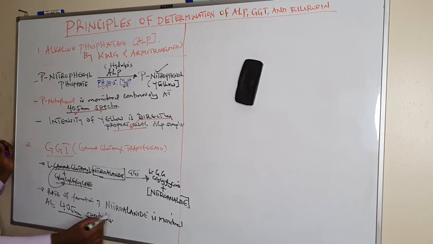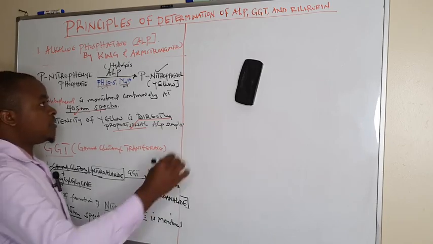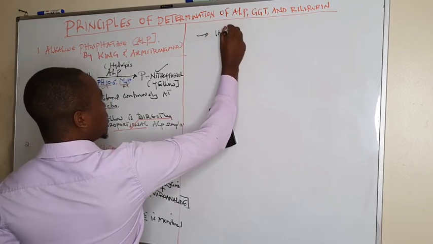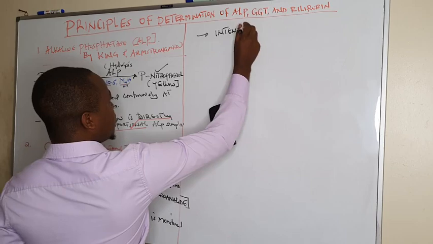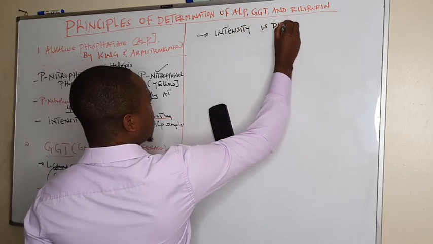And we shall end up saying that the intensity of p-nitroanilide is directly proportional.